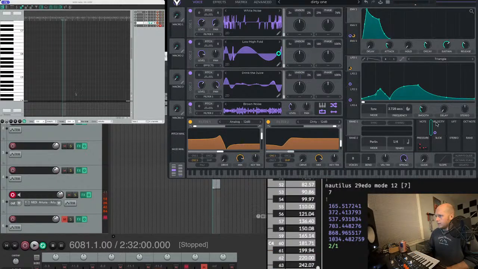When the velocity is changing this, I could have set the pressure to this too, or instead.